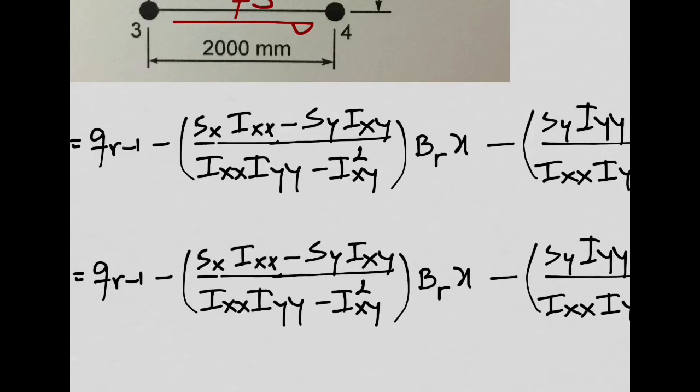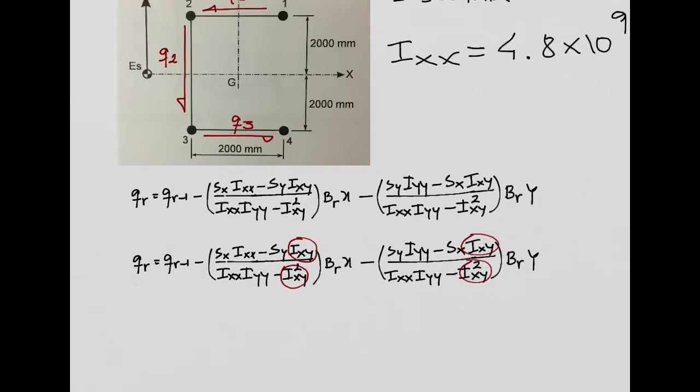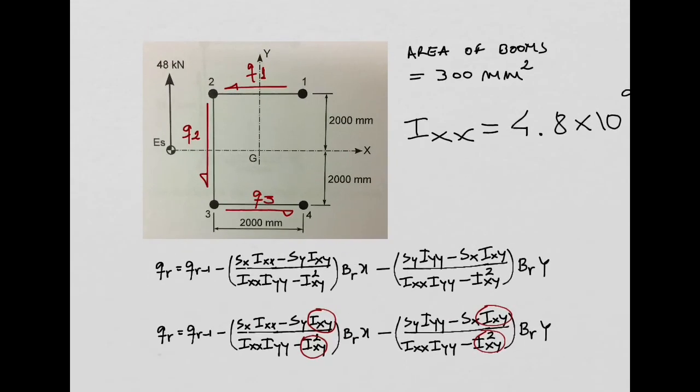Sorry. Before we talk about Sx, sorry. Let's first focus on this product of inertia, okay? That we have here, here, and here, okay? Product of inertia. This is a symmetric cross-section. You agree with me? What is the product of inertia in a symmetric cross-section? 0, right?